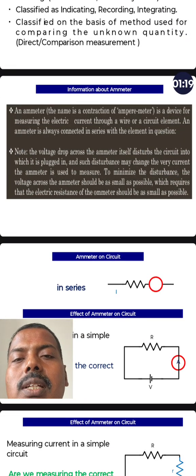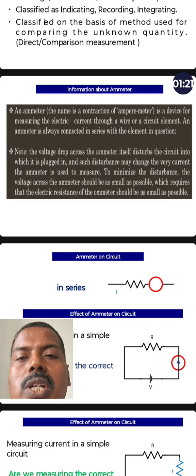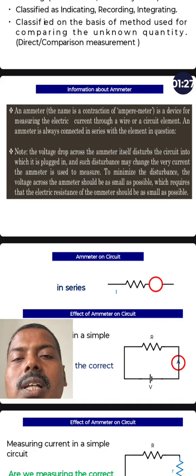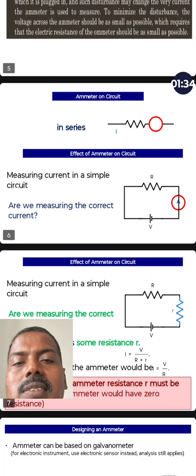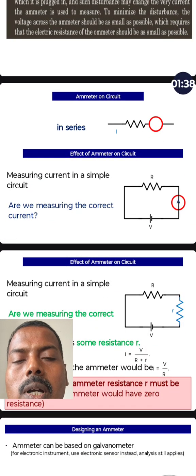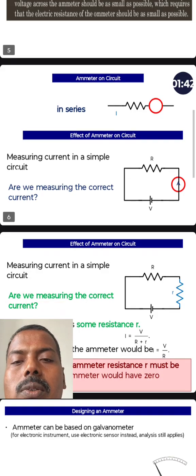So the ammeter is mostly used to measure the current. The construction is an ampere meter. It is a device for measuring the electric current through a wire or circuit element. So the ammeter is connected in series with the resistance, and the red is indicating the ammeter block.